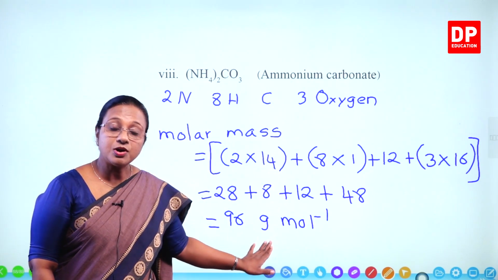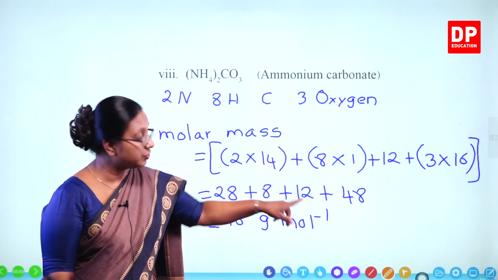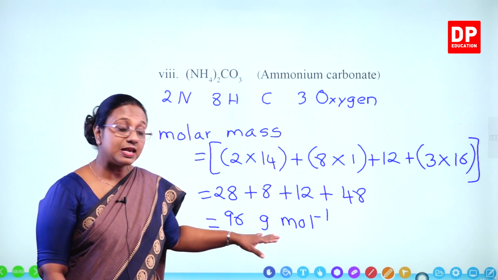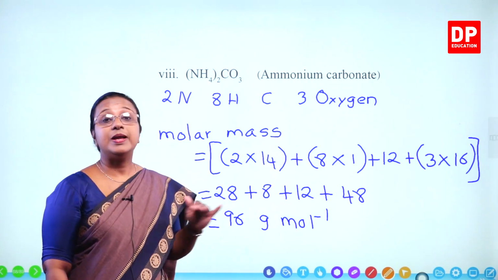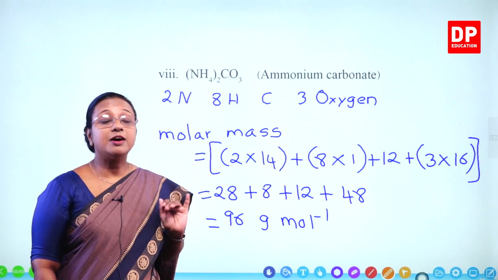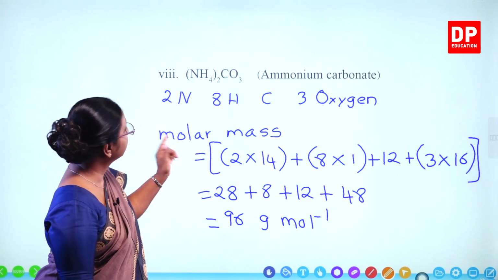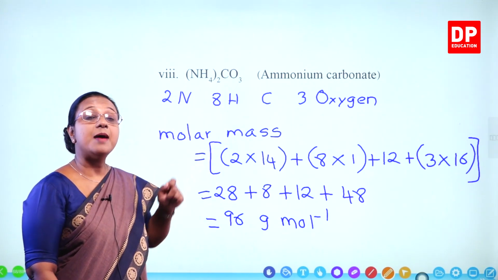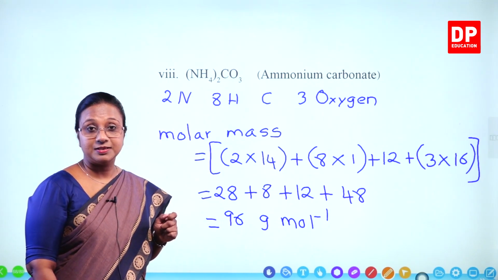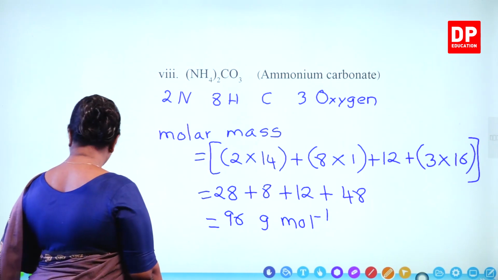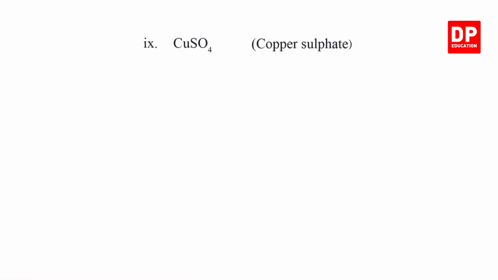So, like this also you can do. You don't have to show the unit at each step. But finally, when you give the answer, you have to write the unit. 96 grams per mole is the molar mass of ammonium carbonate. With that, I will move on to the next one.